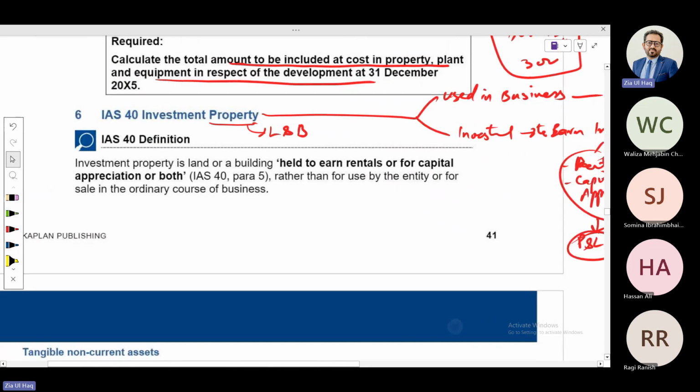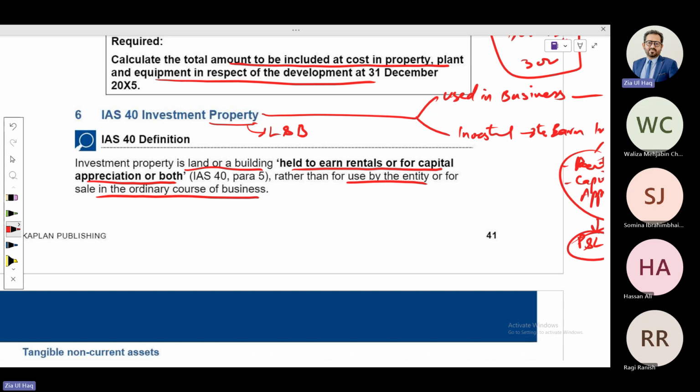So let's see what is investment property. Investment property is land and building held to earn rental or for capital appreciation or both. Meaning we hold this investment for generating income, either in the form of rent or in the form of capital appreciation, meaning increase in value of the asset, rather than for use by the entity, because that property, that land and building we are using in the business should be recorded as property, plant and equipment, or for sale in the ordinary course of business, and we do not want to sell this property.